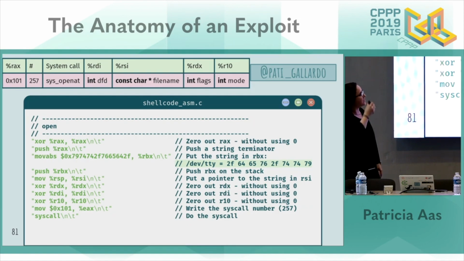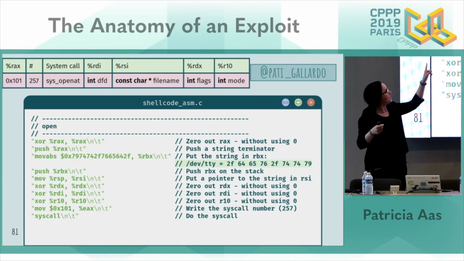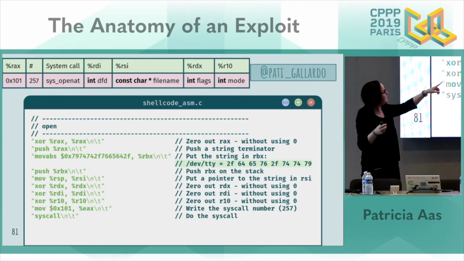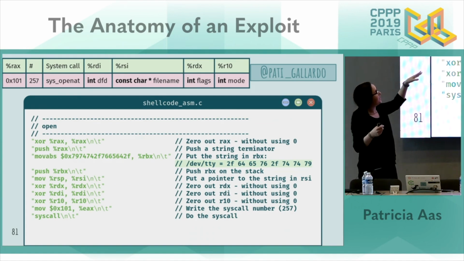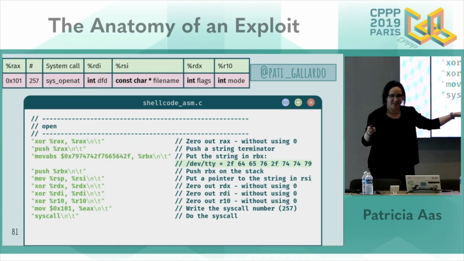We need to load this string, /dev/tty. We push RAX, and then we write the string, which this time fits in 8 bytes, which was very convenient. We push that on the stack, and we use that as the file name. And then we just try to zero out all of the other registers and hope it's okay.